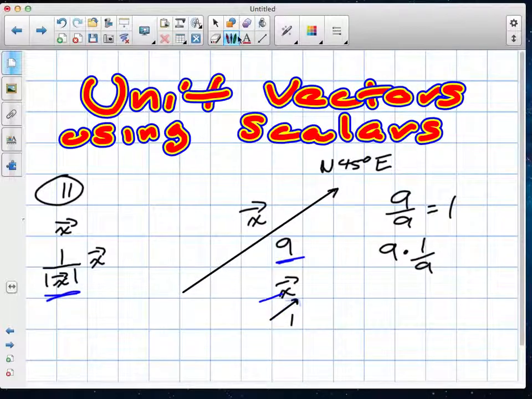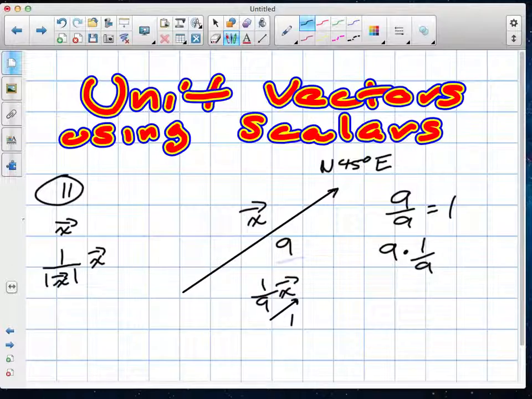So in other words, it's a 9th of the size. So this now becomes 1 over 9 vector x, which is this formula here in terms of making a unit vector. The absolute value was 9, so we had 1 over 9 and vector x. So we're just making a scale of the unit vector.